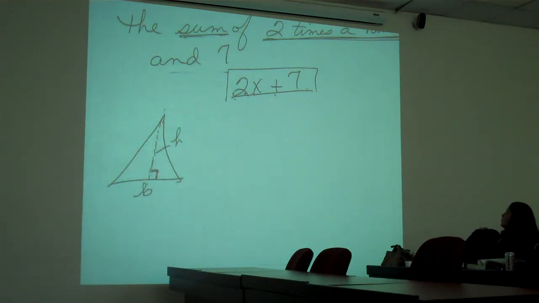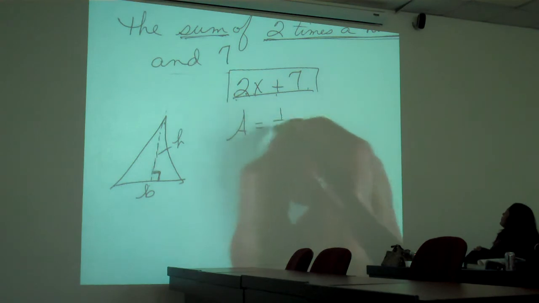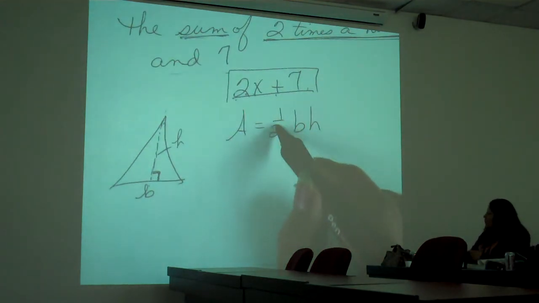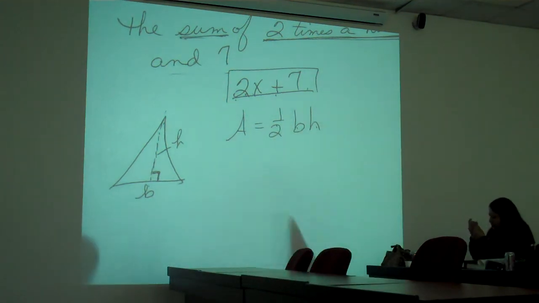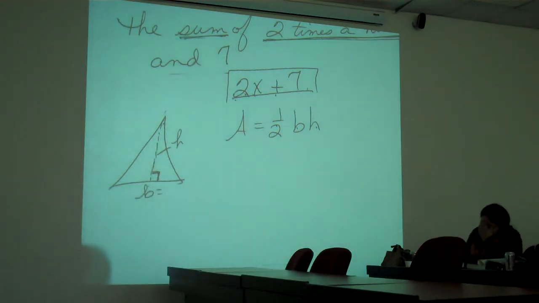Okay, it tells you, like on number 3, it gives you the formula. It says the formula is A equals 1/2 BH. So you're multiplying 1/2 times the base times the height, because they're all touching, they're multiplied. Okay, it gives you the base and the height. We'll do a different one than this.